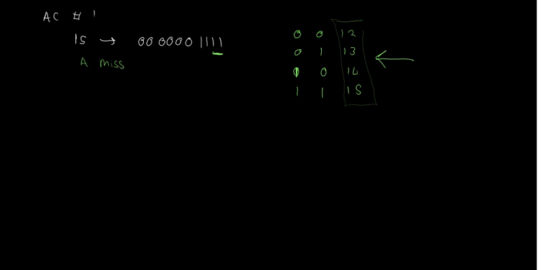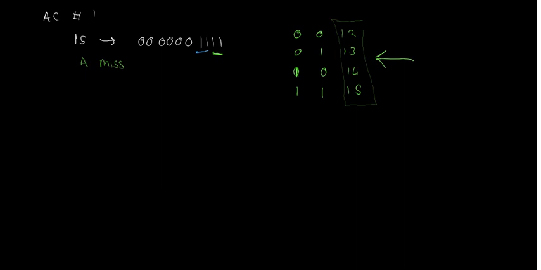Now, where are we going to load them? We're going to load them into this part here, specified by our set bits, because remember our set occupies 2 bits. This in binary is 3.